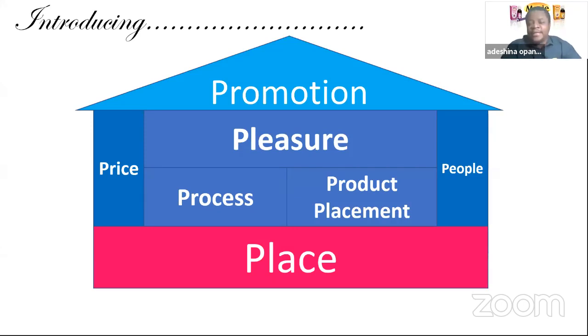Last time he told me that there are about 12 Ps for marketing, but for retail, it's 7 Ps I was able to pull up. And we have place, we have process, we have product placement, we have people, we have pleasure, we have price, and we have promotion. And so today we'll be focusing on place, and that is what location essentially is.